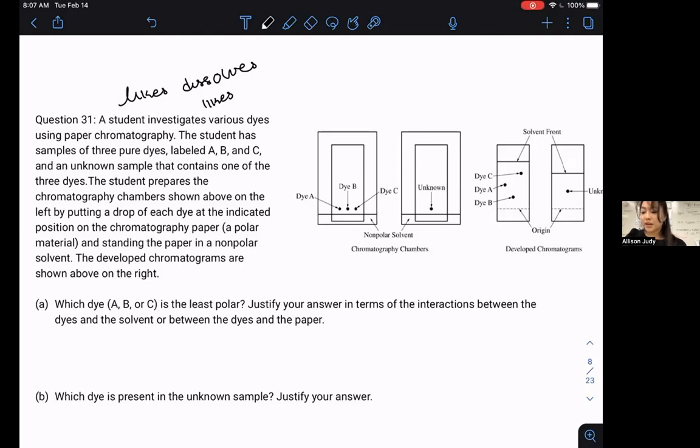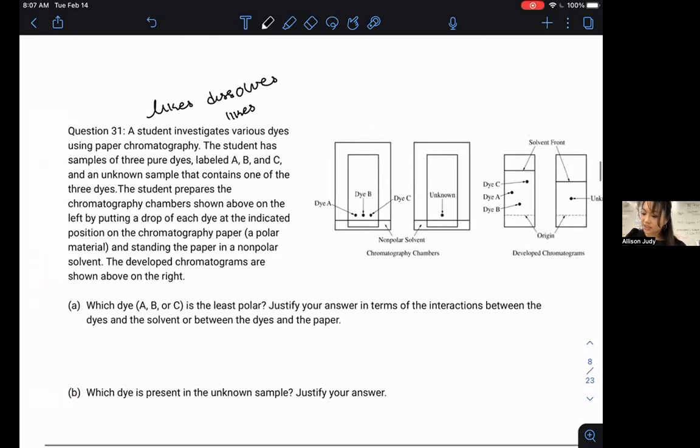And we know that the more a sample will travel with the solvent, the more similar in polarity that sample is. So the student has samples of 3 pure dyes labeled A, B, and C, and an unknown sample that contains one of the 3 dyes.